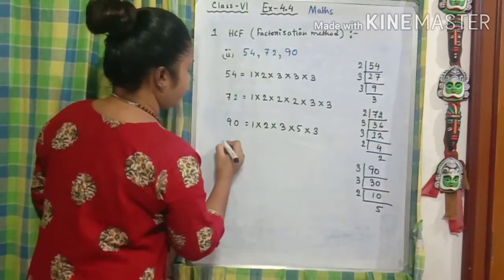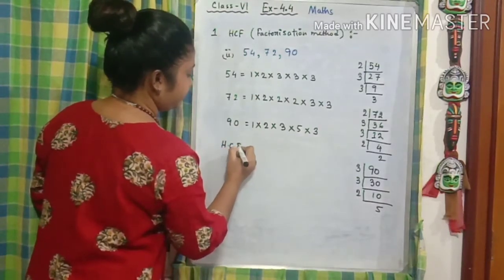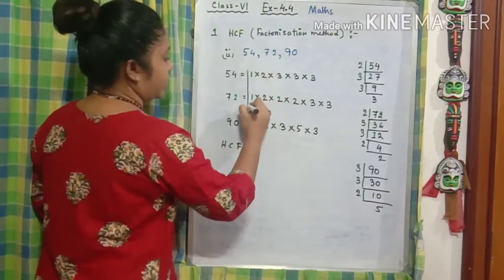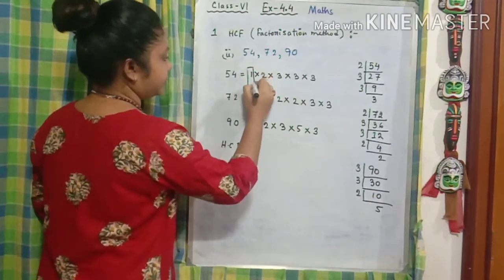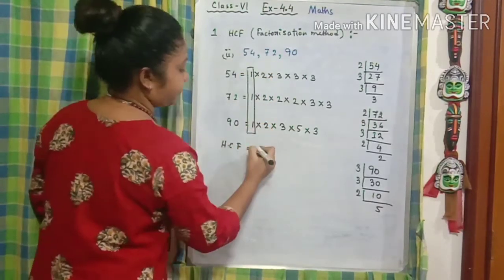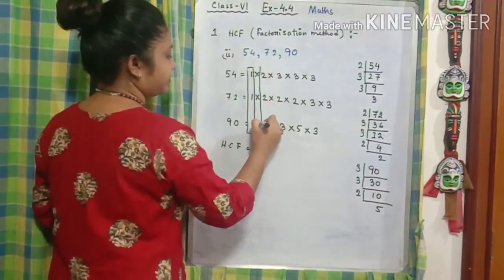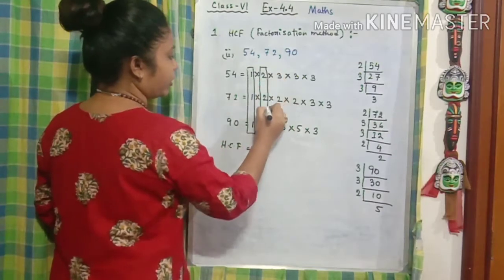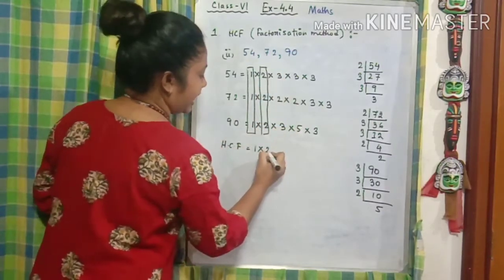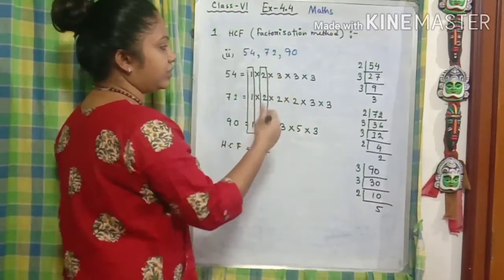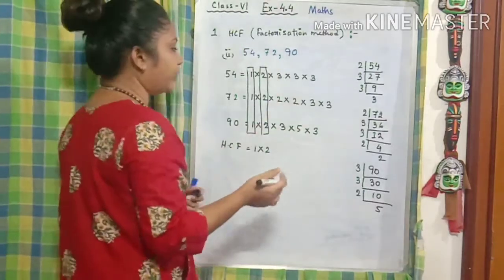Okay, so first one, number 1, that is 1. 1 is always common between every number. Then the second column comes 2. I have written in this manner so that it becomes easy for us to find it.